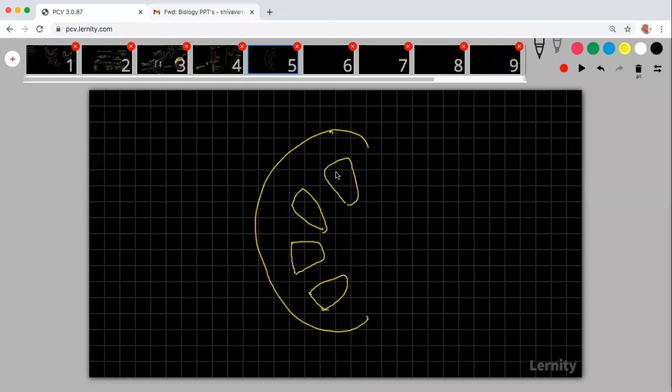What is the name of this structure? Others can also respond quickly. I don't have time. It is the medullary pyramid. In the pyramid, in the lower portion, what is this region called? This is called the renal papilla.